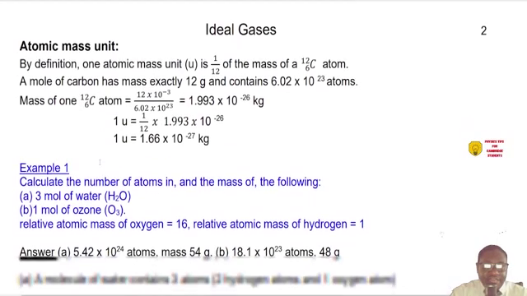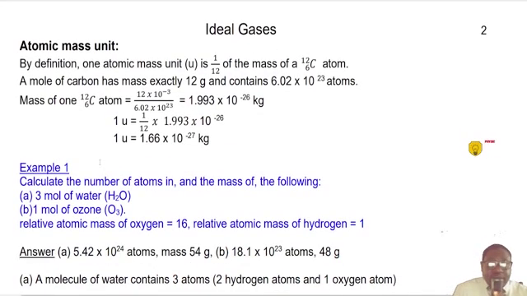Now let's define the atomic mass unit. By definition, 1 atomic mass unit is 1/12 of the mass of carbon-12. So a mole of carbon has exactly 12 grams, which contains 6.02 times 10 to the power of 23 atoms. So it means the mass of 1 carbon-12 atom will be the mass over the number of atoms in 1 mole, which is 6.02 times 10 to the power of 23.